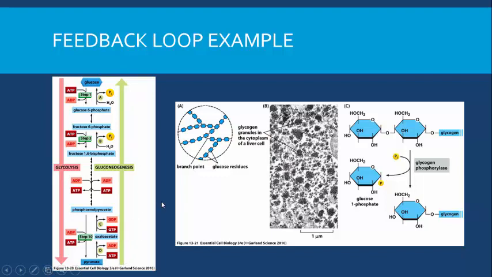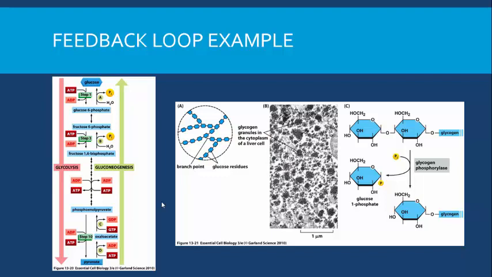Gluconeogenesis is the process of making glucose out of other biological molecules. This is especially helpful during times when food is not readily available or when the body is undergoing strenuous physical exercise and the blood glucose level is extremely low. These two systems are effectively controlled in 3 places in the glycolysis cycle: steps 1, 3, and 10.